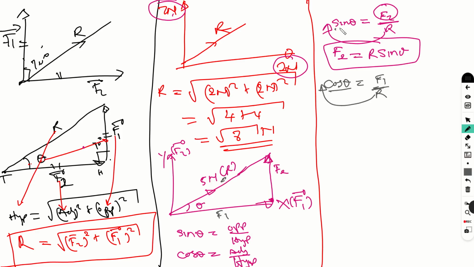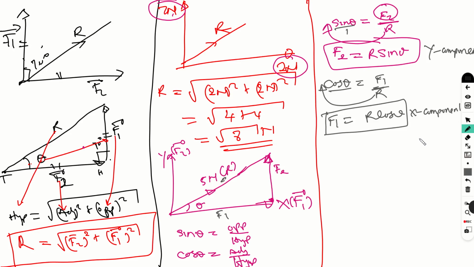So you have now F1 will be equal to R cos theta. This is how you look for the two sides. This side is the y component, and this one is the x component.